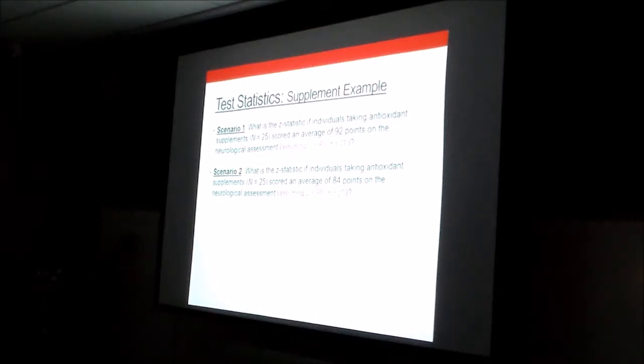So our 95% confidence interval is going to be 84 plus or minus 1.96 times 4. That's going to give us 76.16 to 91.84. And then if we run a Z, it's going to be 84 minus 80 over 4, just 1.0.